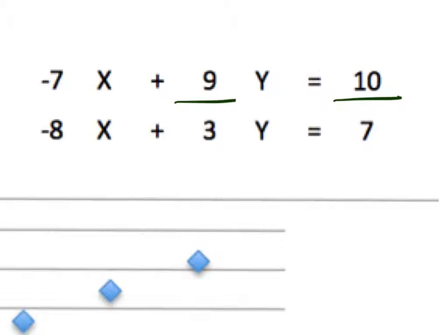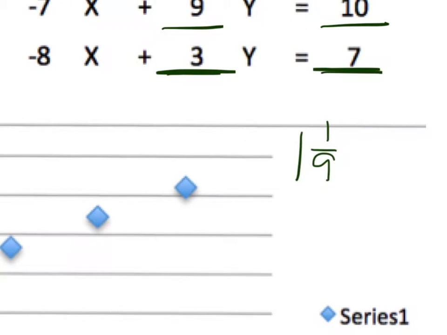10 divided by 9. What fraction is that going to give me as a mixed number? 10 over 9. 1 and 1/9. Yeah. Okay, let's look at this one. 7 over 3. What mixed number from 7 over 3? 2 and 1/3.